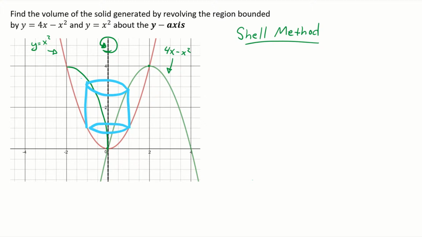How do I find the volume of one of these cylinders? Bear with me in this explanation. It's kind of neat. The volume of this shell cylinder, we can think of it as finding the lateral surface area of that cylinder, lateral surface area being just the surface area between the bases, so everything except the bases.